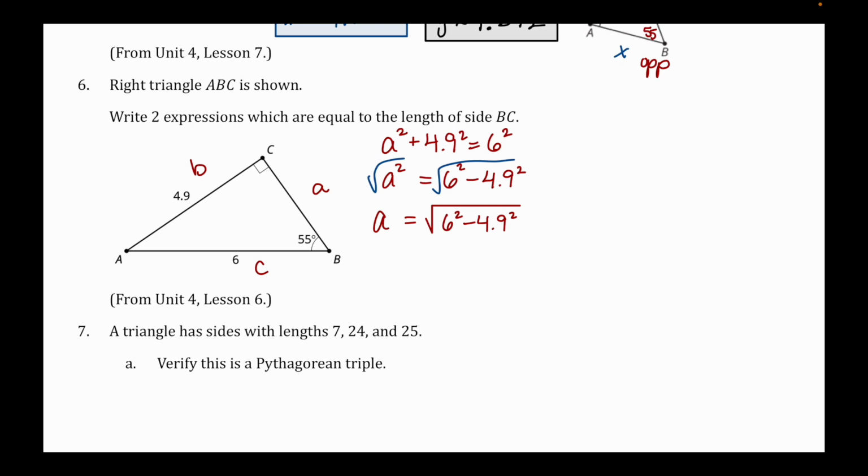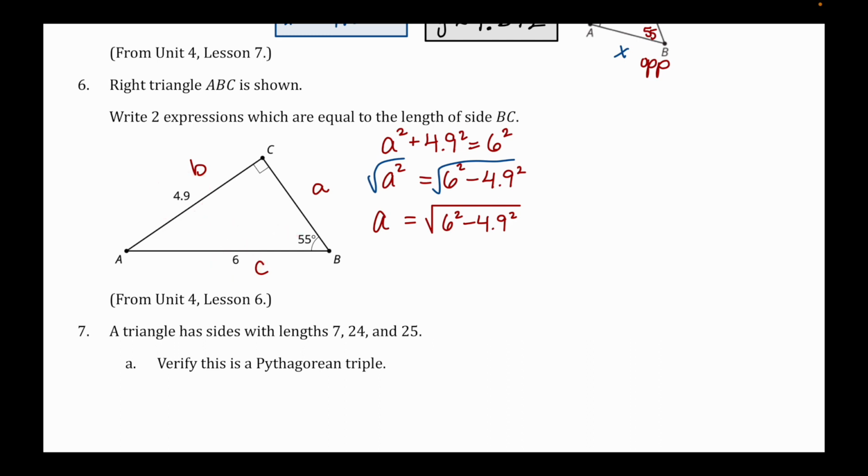But I believe we can use the other angle and what we know about sine and cosine to swap some things around here. But I like using the Pythagorean theorem too, so I just felt like showing that one. Let's use our 55 degrees, and with the 55, we have the one across from it, so the opposite, and then we have the hypotenuse.